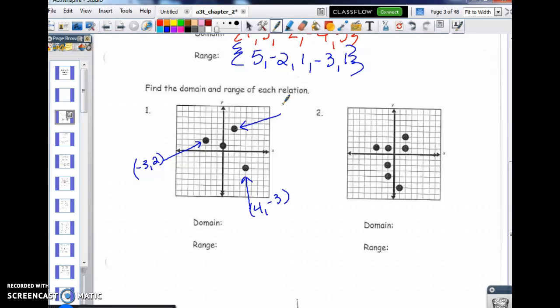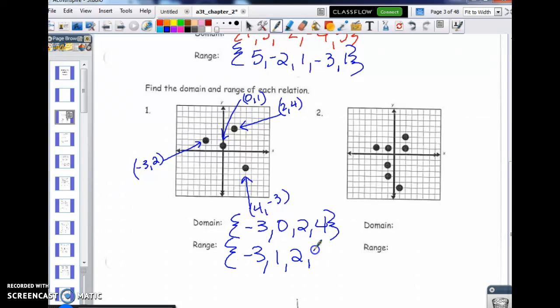This one here is 2, 4, and that one there is 0, 1. So now when we have to do the domain, we're just going to take those x values. So my x values: -3, 0, 2, and 4. And now my y values here are -3, 1, 2, and 4.